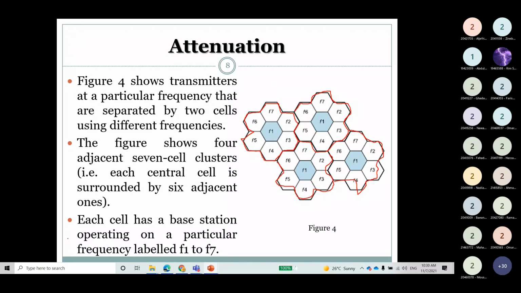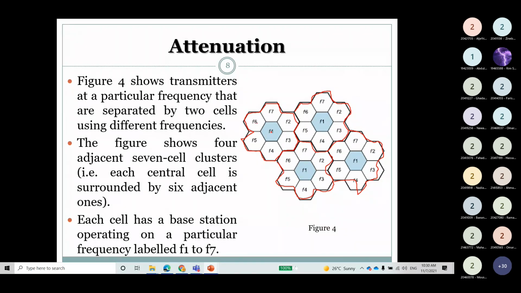Each has a base station operating on a particular frequency, from F1 to F7. In each cell you have a base station that will operate at this frequency.